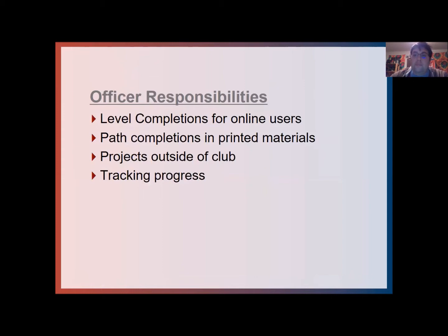So that'll be like tonight when I spoke at the council meeting, that's outside the club. Then as well as keeping track of the progress for members. Now what they're recommending is, just because it's online, do not solely rely on it to be online, because you never know when things will happen. So we know how stable the website can be sometimes.